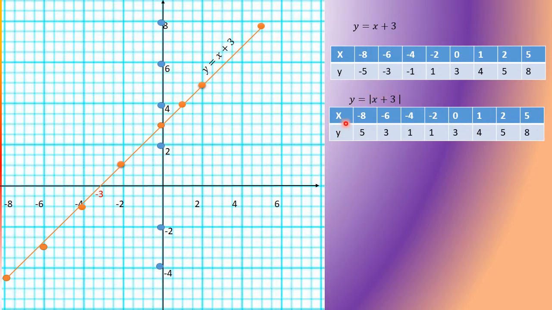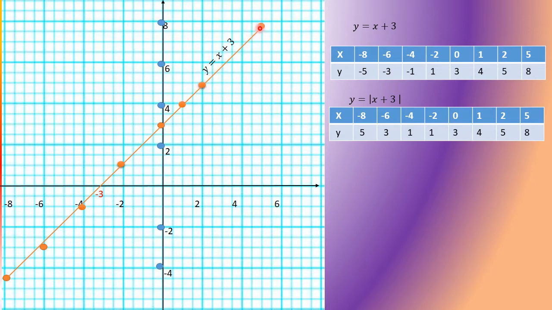So you can see I have also prepared a table to draw the modulus graph y equals modulus x plus 3. And if you notice, all the positive values 0, 3, we have already marked it. 1, 4, it's marked. 2, 5, it's marked.